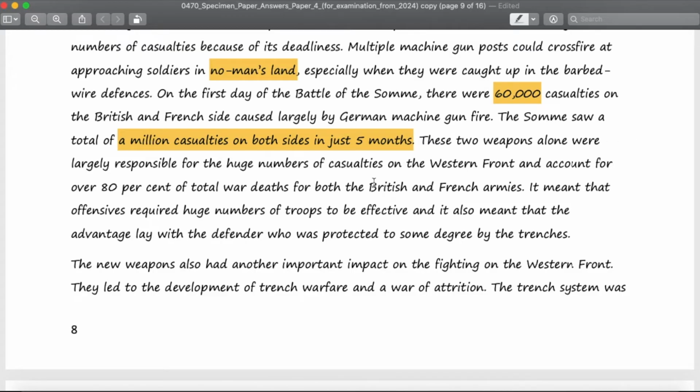And 80% of the total war deaths for both the British and French armies were caused by these two weapons alone, artillery and machine guns.